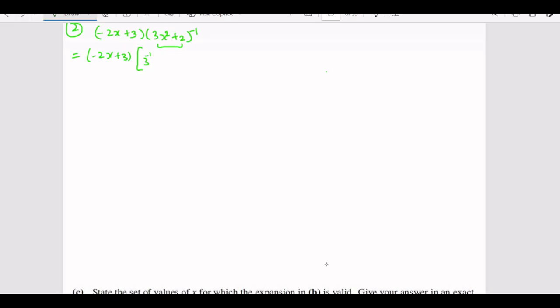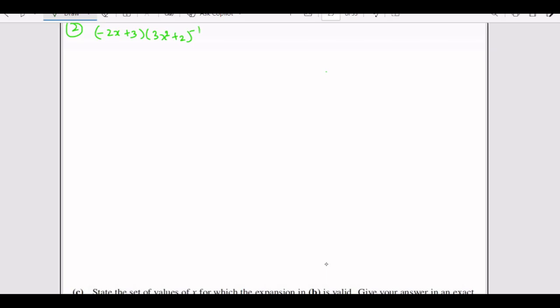Before we do this, let me tell you why I'm erasing this one. This was the power negative 1, right? So we have 1 plus nx, so the x term should be in the second place.